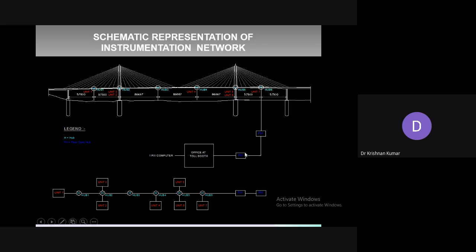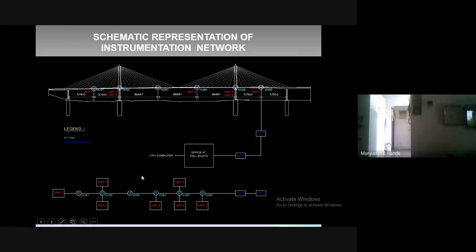So again it is converted from fiber optic signal to electrical signal, and it is given to the control computer for further processing. So this is the general network for data acquisition, sensors, as well as network layouts.